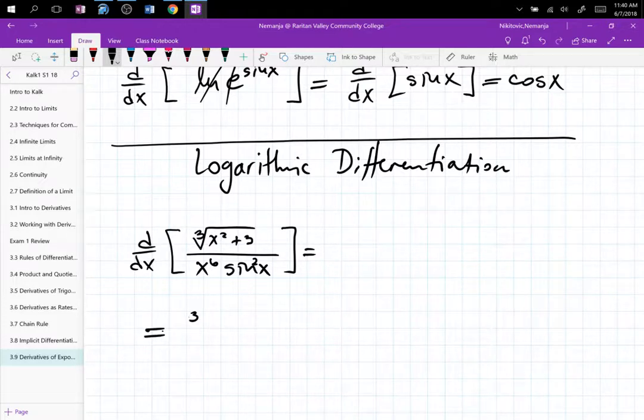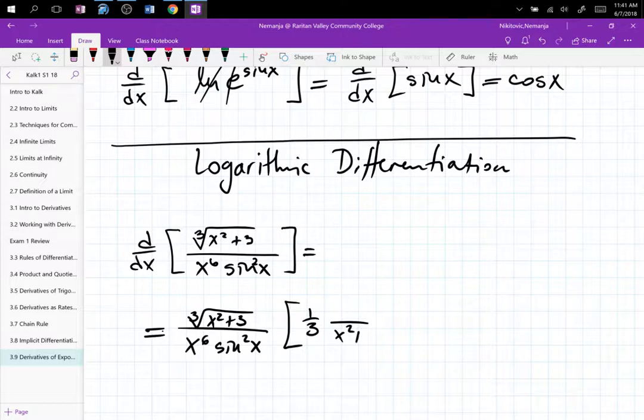So you just write cube root of x squared plus 3 divided by x to the 6 sine squared x times, and now you have 1/3 times 2x over x squared plus 3, minus 6 over x, minus 2 cotangent x.